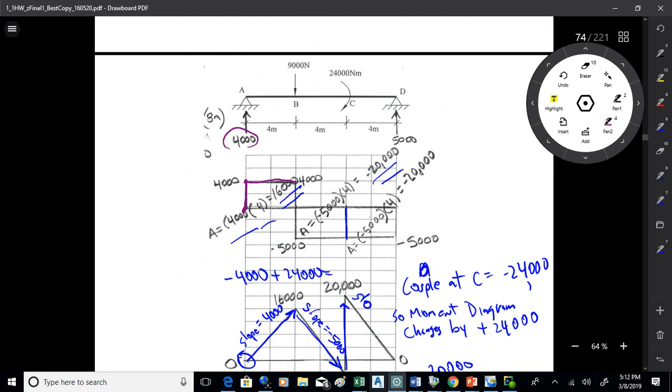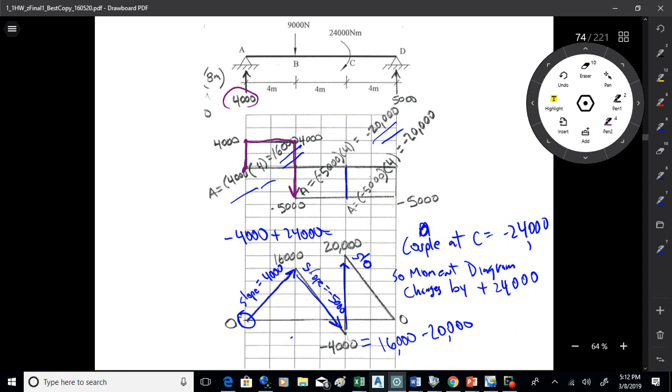So you're dropping by 9,000 from 4,000 to negative 5,000. And then you'll hold. Notice that the couple has no direct effect on the shear diagram. It affects the reactions, which affect the shear diagram, but it doesn't affect the actual drawing of the diagram.